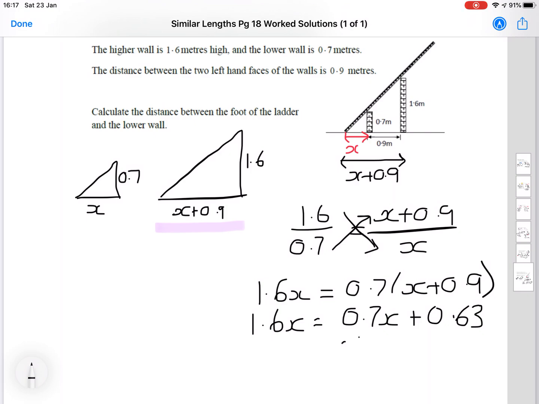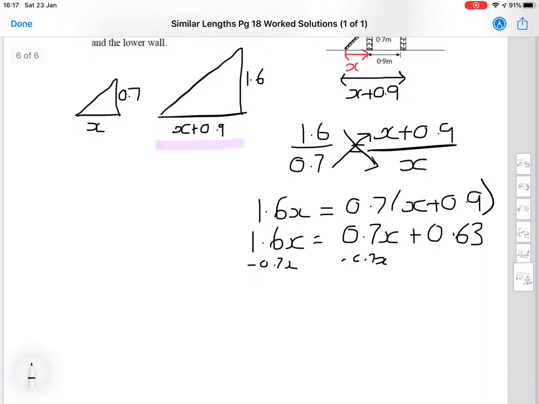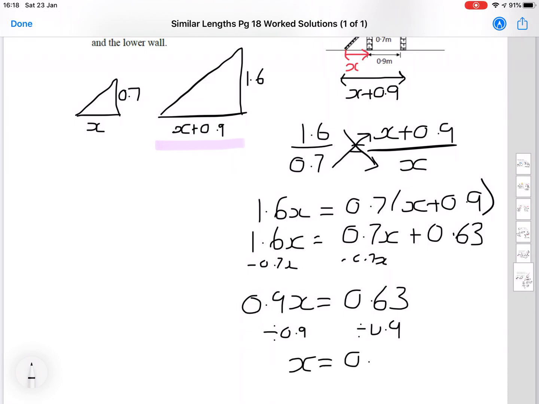We would then take away 0.7x from both sides. So that's going to leave us with 0.9x equals 0.63, and then divide both sides by 0.9. So we're going to get x equals 0.7, and this question was all in metres.